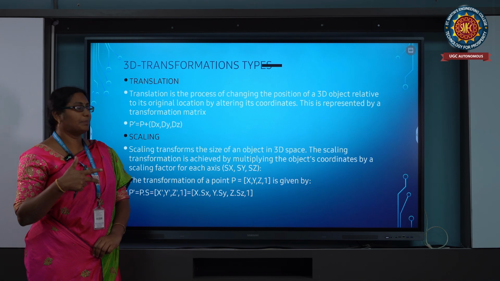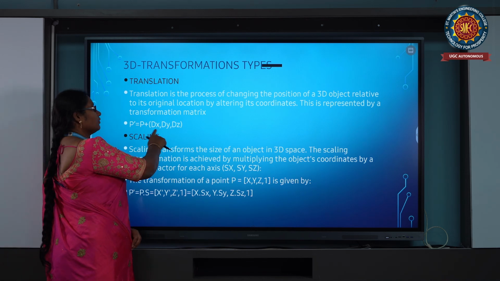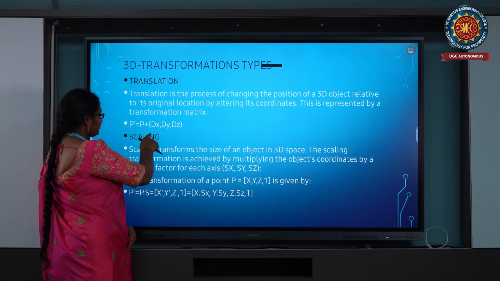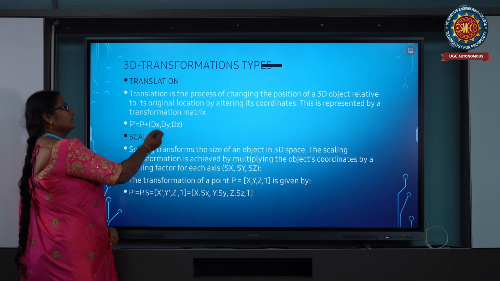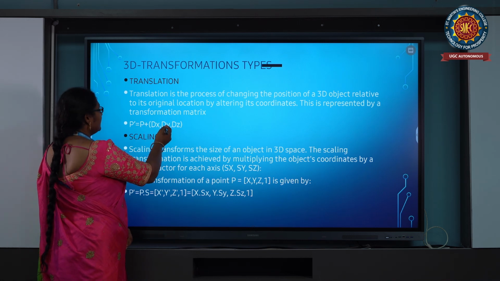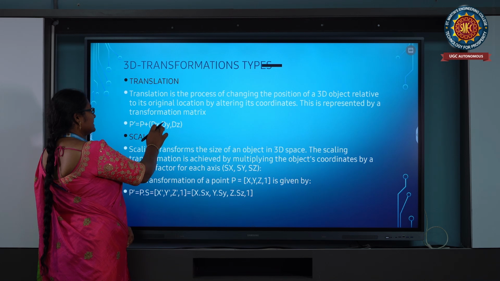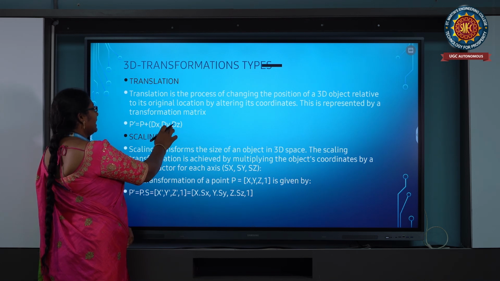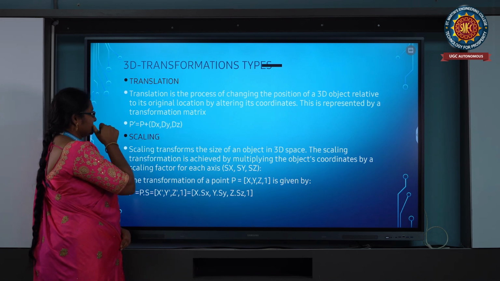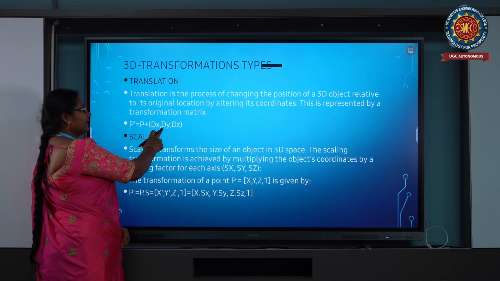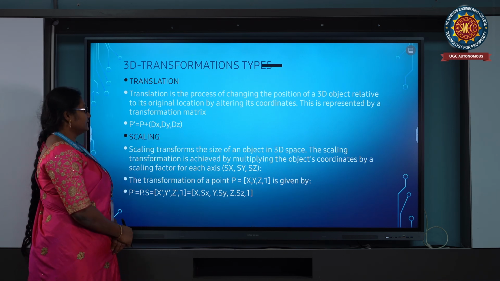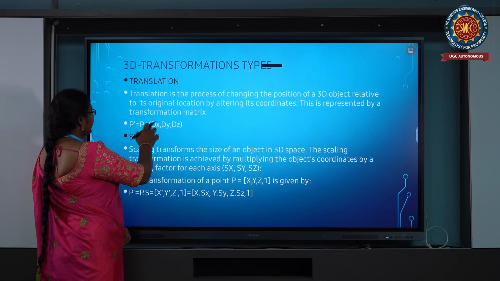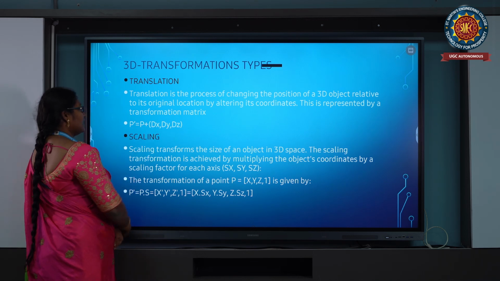So three coordinates we take here: dx, dy and dz, the x direction coordinate, y direction coordinate and z direction coordinate.